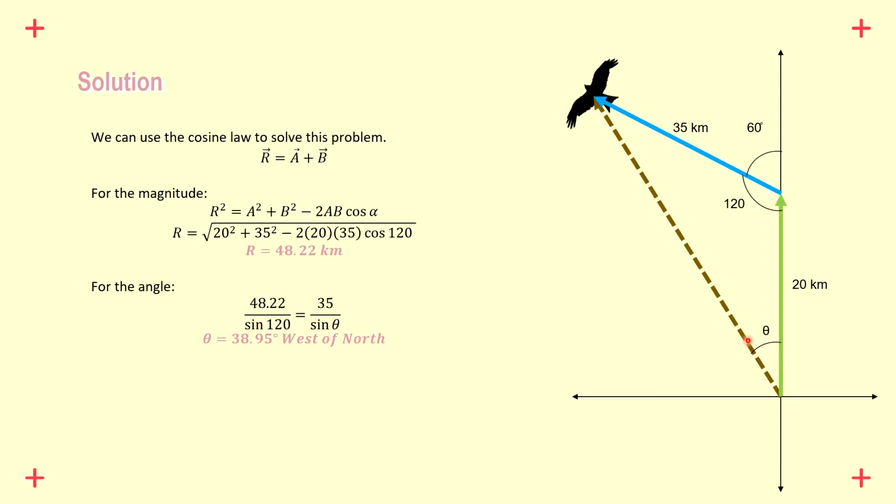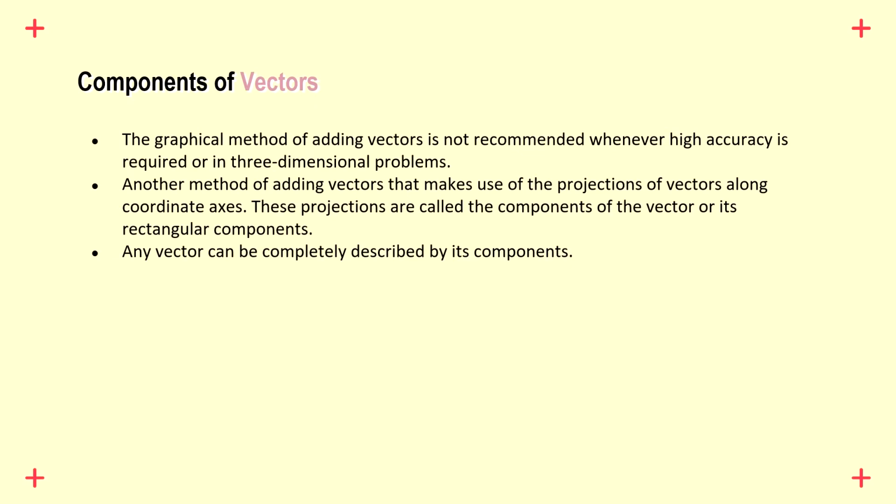The graphical method of adding vectors is not recommended whenever high accuracy is required or in three-dimensional problems. Another method of adding vectors makes use of projections of vectors along the coordinate axes. These projections are called the components of the vector, or its rectangular components. Any vector can be completely described by its components.